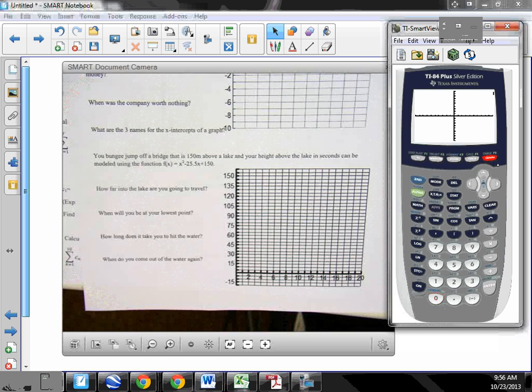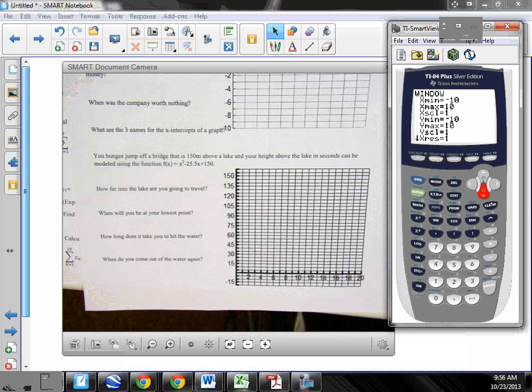So I push graph, and this doesn't tell me much. What do I need to do? Which part of the window? Okay, so how high do I want to go on my y's? So I want my y max to be at least 150, so I'll put 155. That's a good idea.